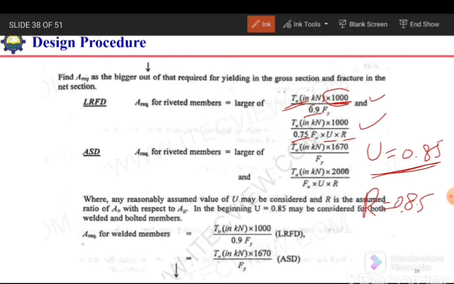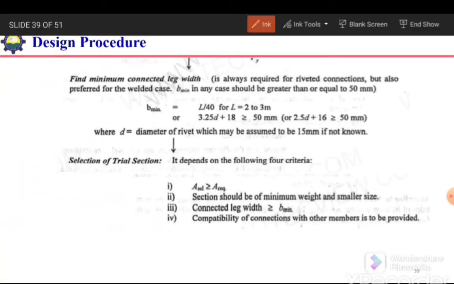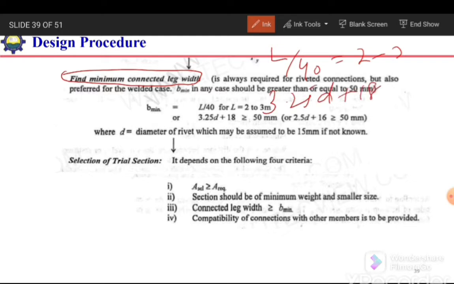Once we have the required area based on the applied load and the material strength, then we also need to find the minimum connected leg width. We have already seen we can approximate this value by L over 40 if the member is 2 to 3 meter, or we can calculate this by 3.25 times diameter of bolt plus 18, or we can estimate by 2.5 times diameter of bolt plus 16.